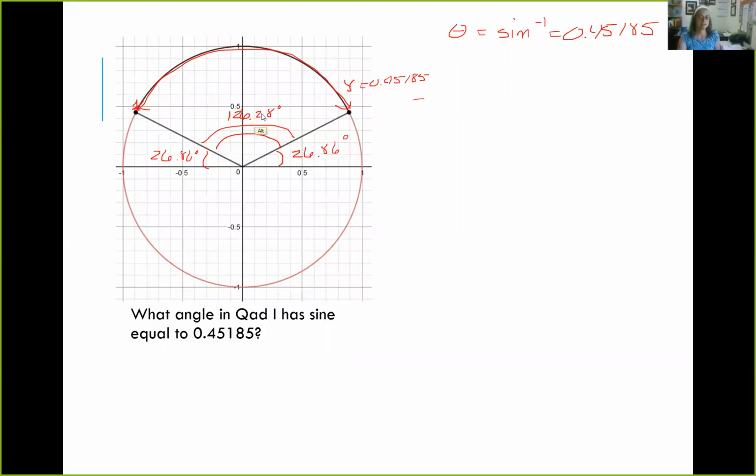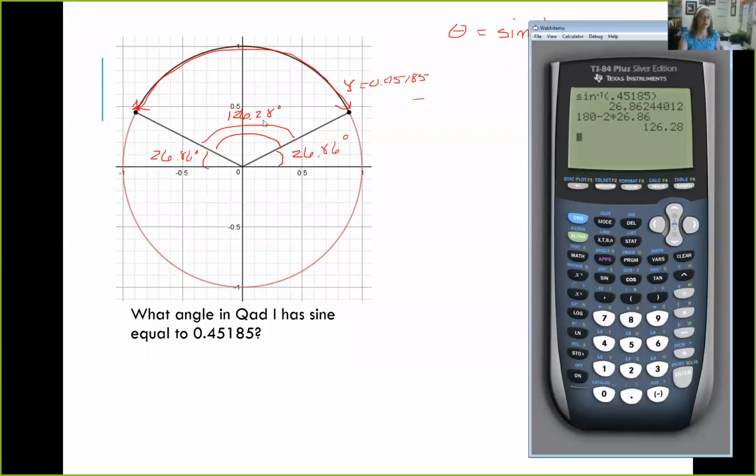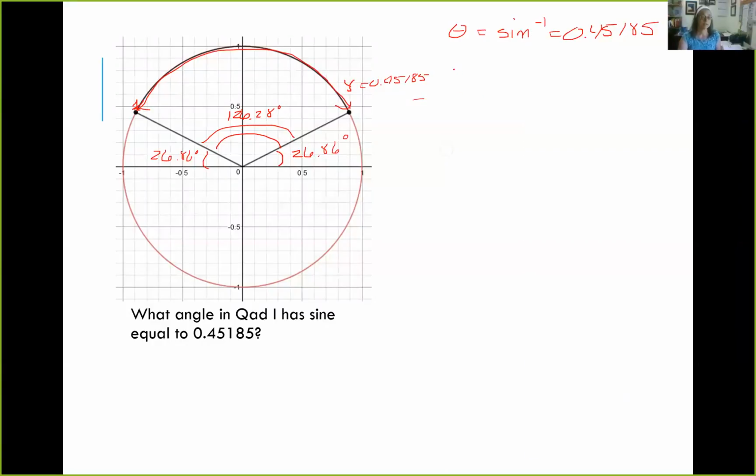I'm not quite done yet, am I? Because I want time. So let's talk about my angular velocity. We said that we make one full rotation, 360 degrees, every 30 minutes.